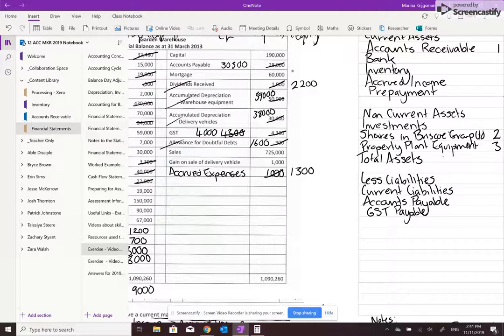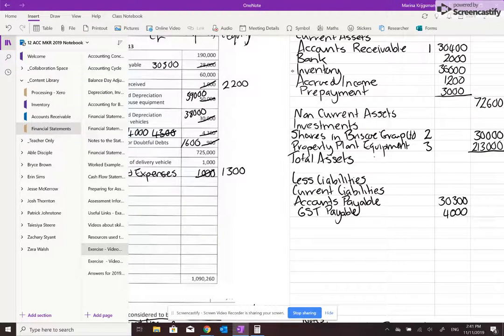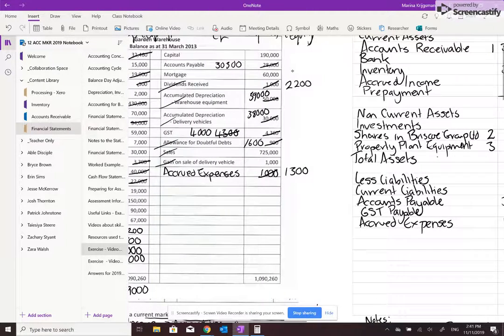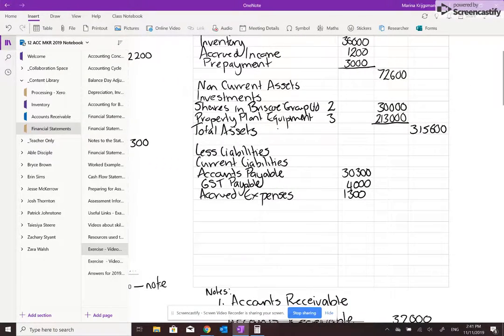And we dealt with allowance for debt, we dealt with our sales, we dealt for our gain on sales, and then we're just going to bring in our accrued expenses of 1,300. Okay, our gain on sale of delivery vehicle would have gone in our income statement because it's an income.